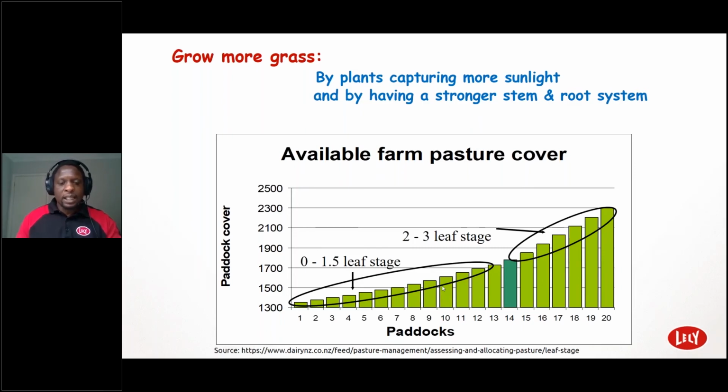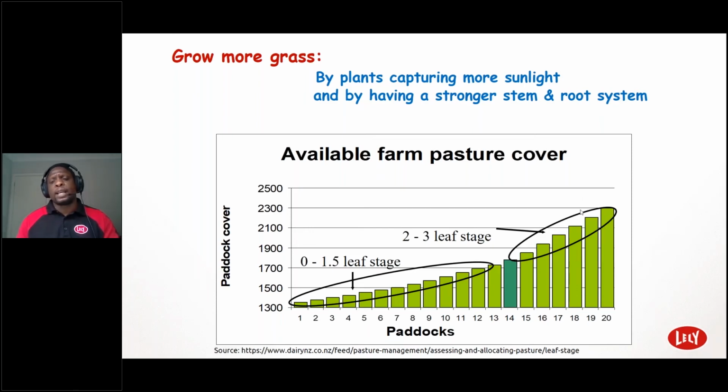And the rotation length needs to be long enough so that the freshly grazed paddocks grow back to the 3-leaf stage. And on this farm, it will be about 21 days in spring, and it might triple during winter depending on the weather conditions. Increasing the rotation length beyond the 3-leaf stage results in pasture wastage.